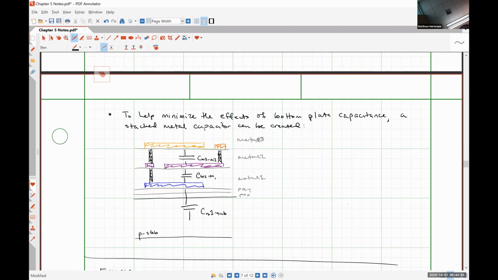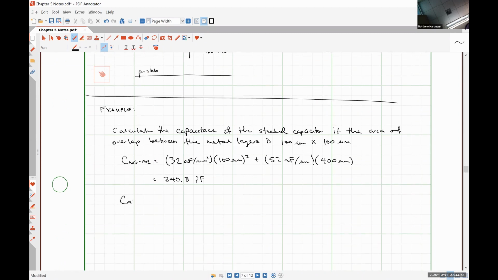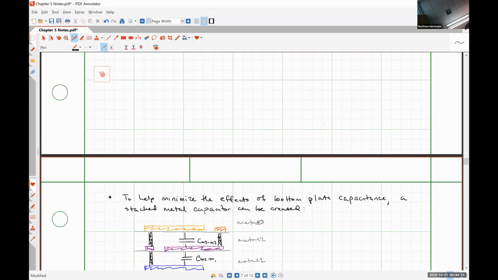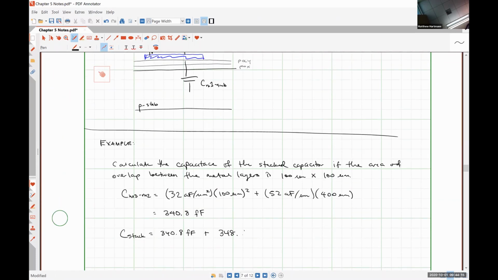And so in turn, C stack is 340.8 plus 348 point something, 8, 689.6 femtofarads.